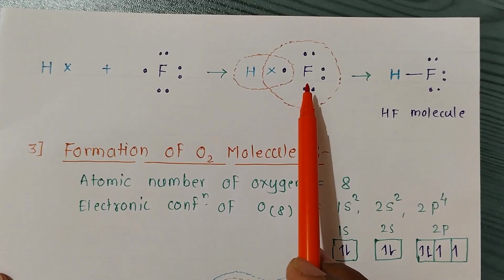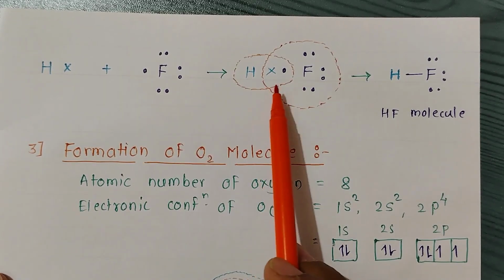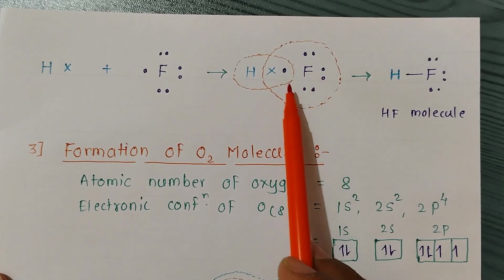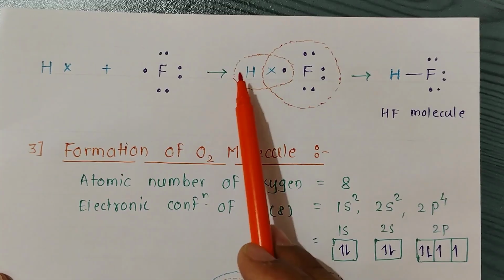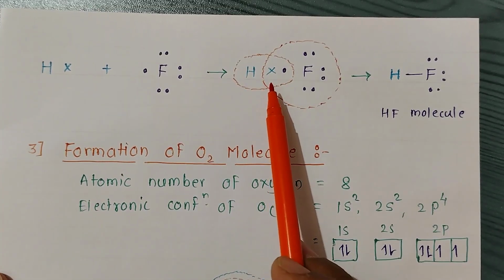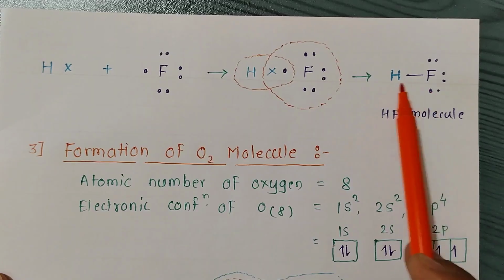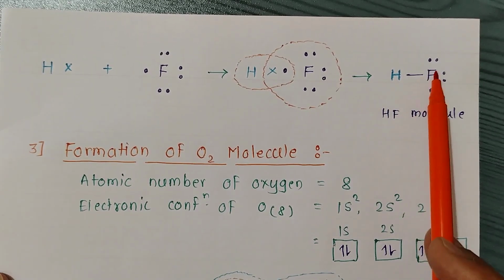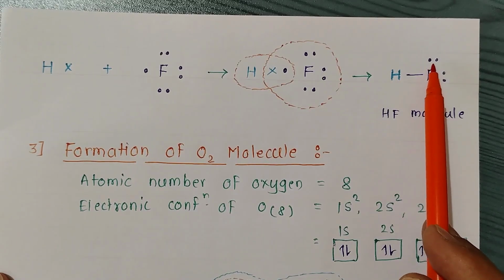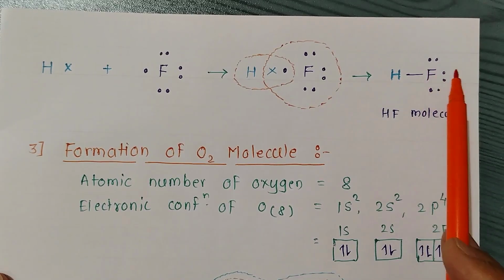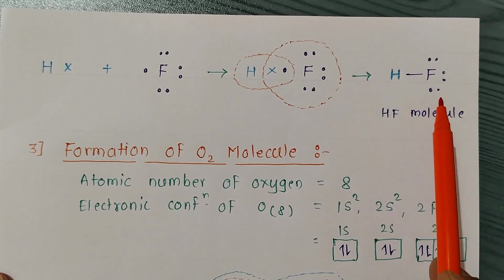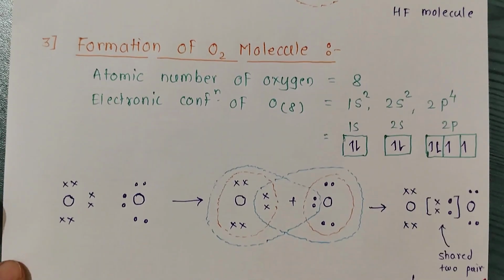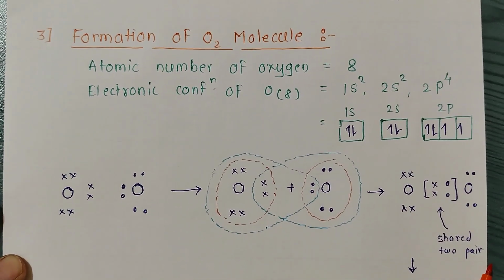So fluorine completes its octet, and hydrogen also completes the 1s orbital. That's why there is formation of a single bond between hydrogen and fluorine, and on the fluorine these are the non-bonding electrons which remain in the form of lone pairs. So there is formation of the HF molecule. In this way the covalent bond is formed between hydrogen and fluorine.